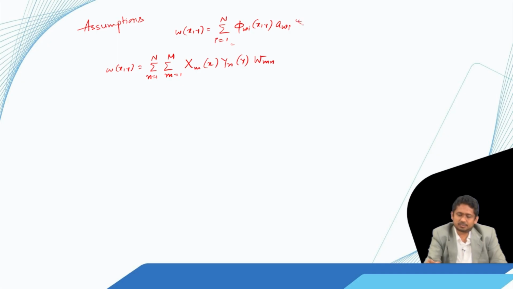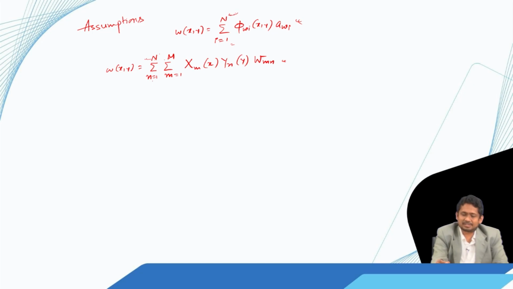So, if I compare this with this, this n does not correspond to this n. Rather, if I expand this, I get total M N number of terms, because the inner summation goes from 1 to M and the outer summation goes from 1 to N. So, we get total M N number of terms.